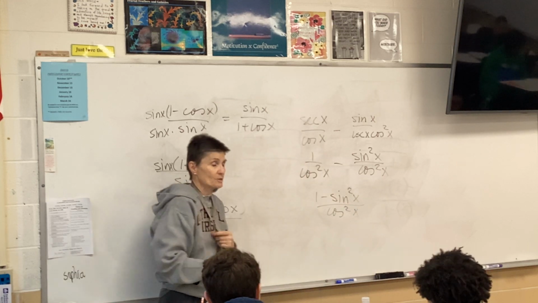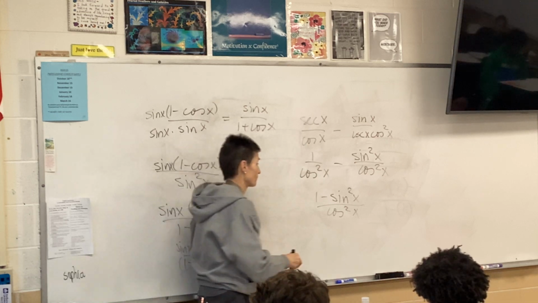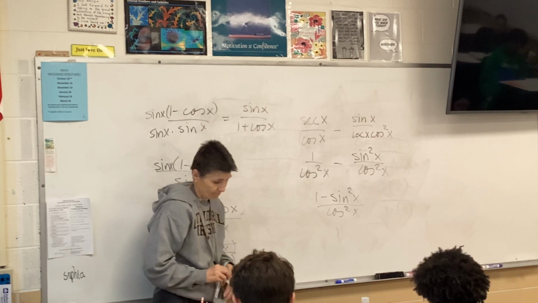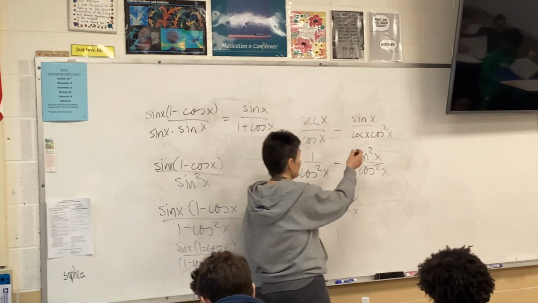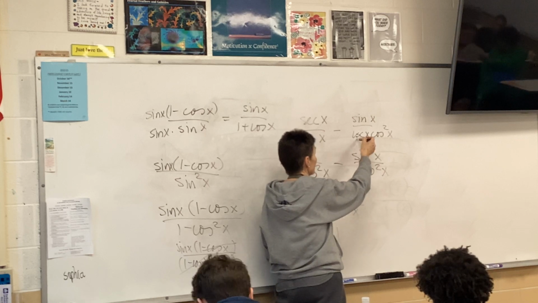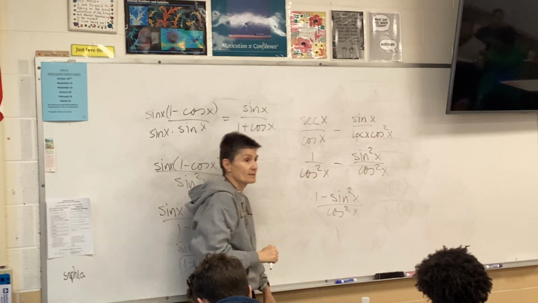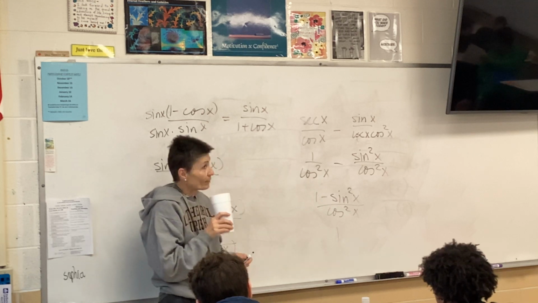And 1 minus sine squared is cosine squared, so it's just 1. Did you get this sine squared? So this is 1 over sine. A cosecant in the denominator is a sine in the numerator because they're reciprocals of each other. Okay, who else has one?